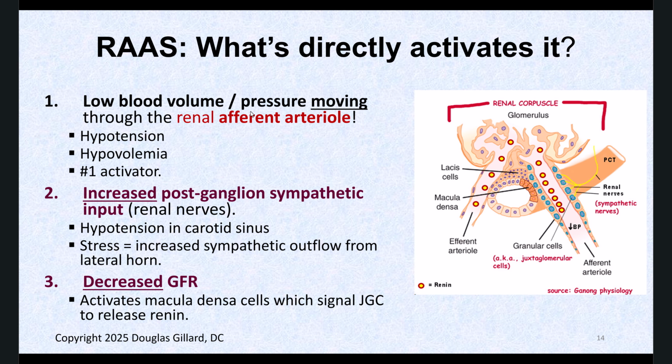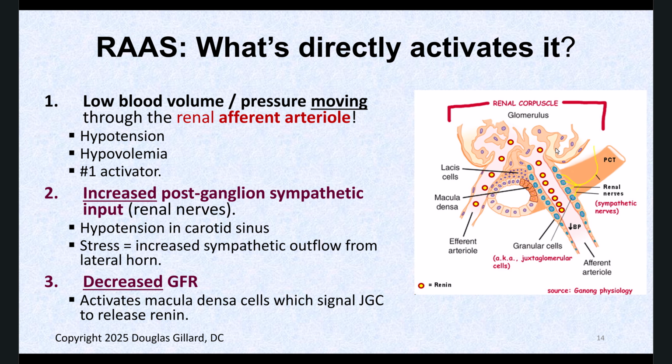So low blood volume, we said this already. Moving through, specifically though, we didn't talk about this. Low blood volume, so what? It's the afferent renal arteriole that senses the hypotension. And remember, there's cells here called juxtaglomerular cells. These little kind of turquoise or bluish color cells. They're modified smooth muscle cells that live in the wall of the renal afferent arteriole.